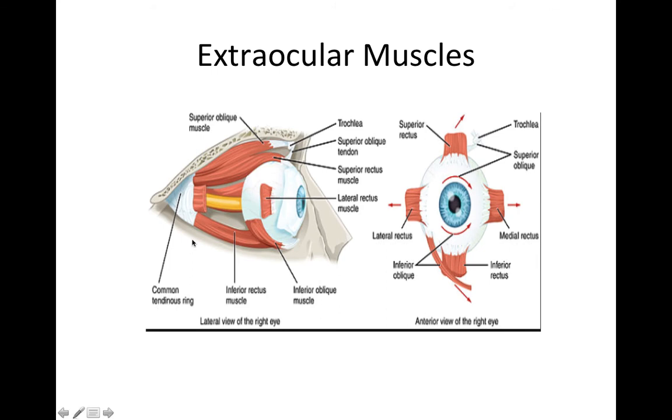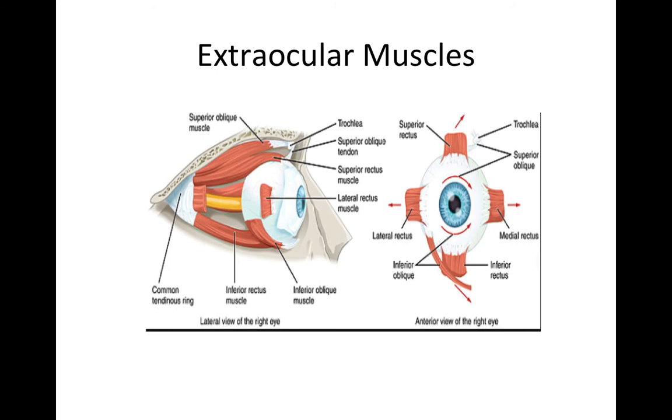And whenever we look at this picture, we have a lateral view as well as an anterior view of the eye. The extraocular muscles are controlled by 3 cranial nerves of the eye: cranial nerve 3, which is the ocular motor nerve; cranial nerve 4, which is the trochlear nerve; and cranial nerve 6, which is the abducens nerve.